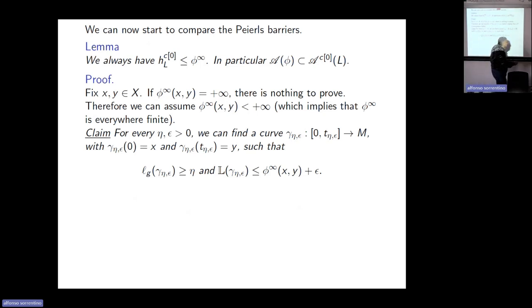So here I should have the action of gamma eta epsilon plus c0 t eta epsilon is less than phi infinity of xy plus epsilon. Okay?